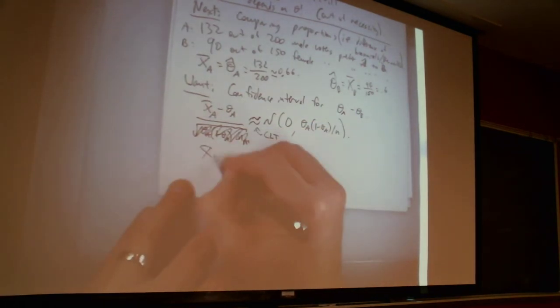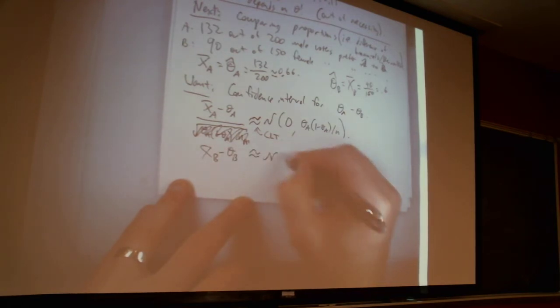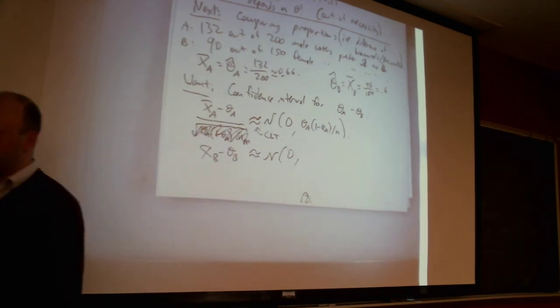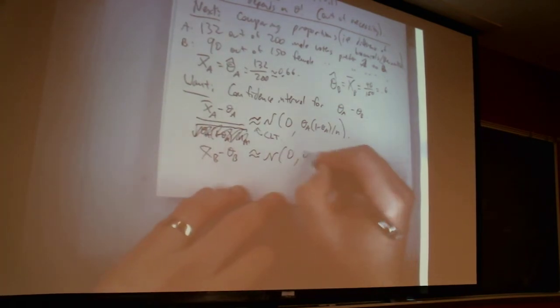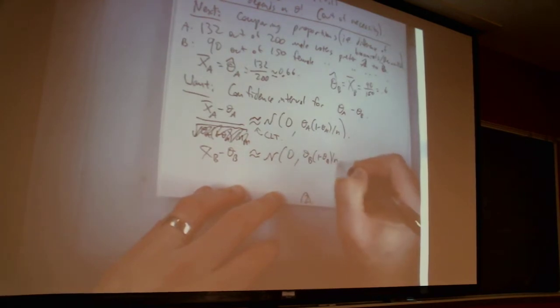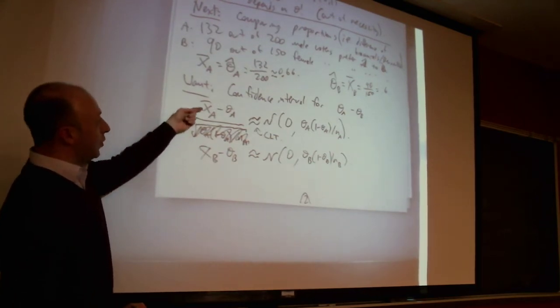Similarly, x bar B minus theta B is, by the central limit theorem, distributed like a Gaussian; we've subtracted off the mean, so it's mean 0, but the variance is still theta B times 1 minus theta B over nB.